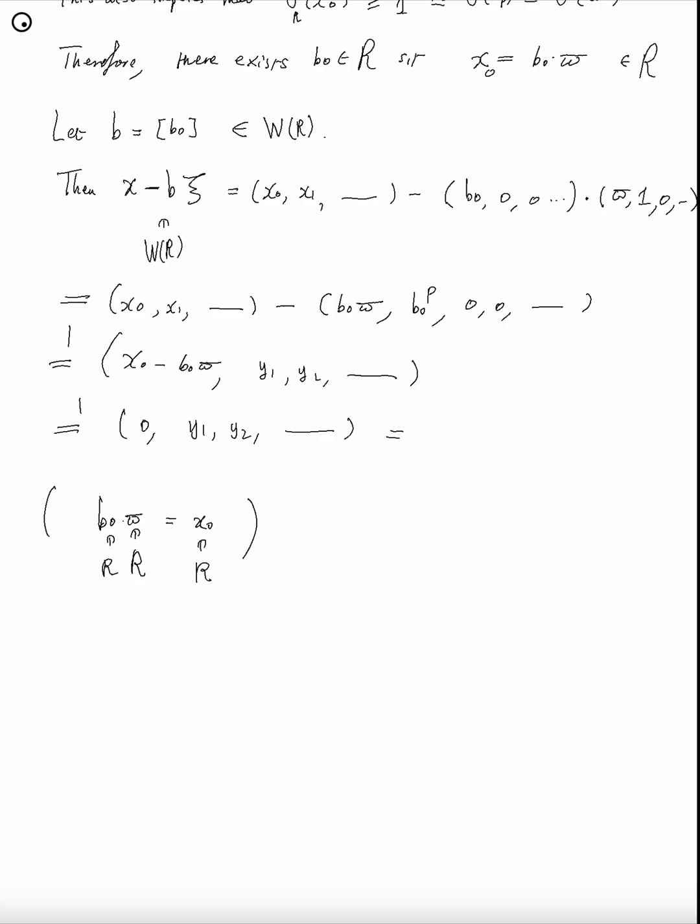And so this is p times some element, because the multiplication by p is exactly shifting the position, making the first component 0.